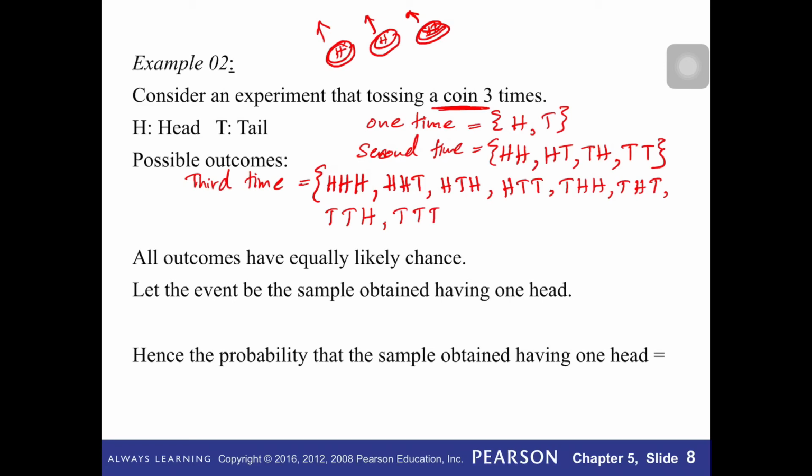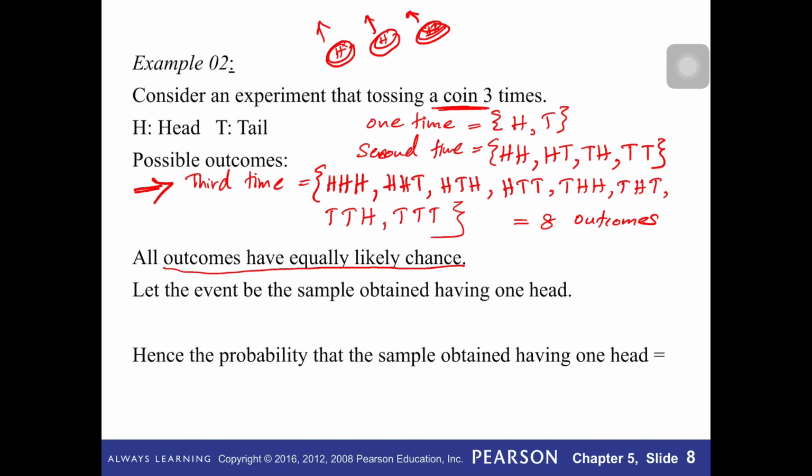Okay, I think these are all the possible outcomes. Can you imagine any other observation rather than these 8 cases? There are 8 outcomes. Can you imagine something outside of this 8? For flip a coin 3 times, these are all possible outcomes. All outcomes have equally likely chance. Definitely, all of them have equal likely chance.